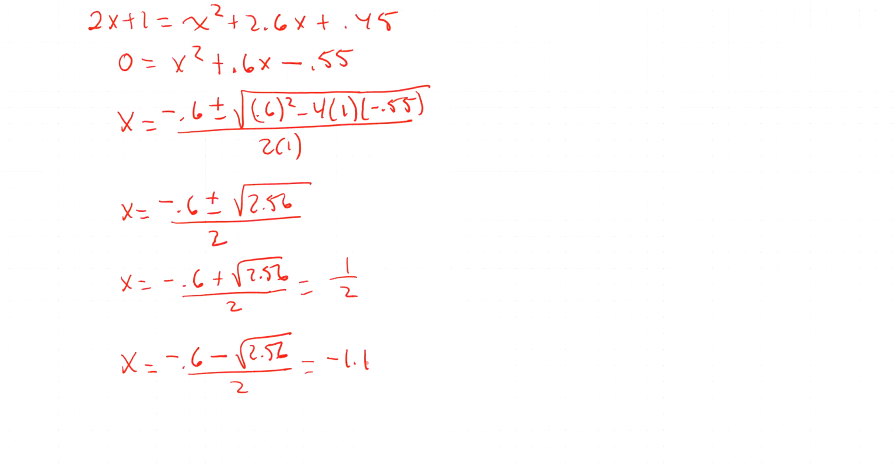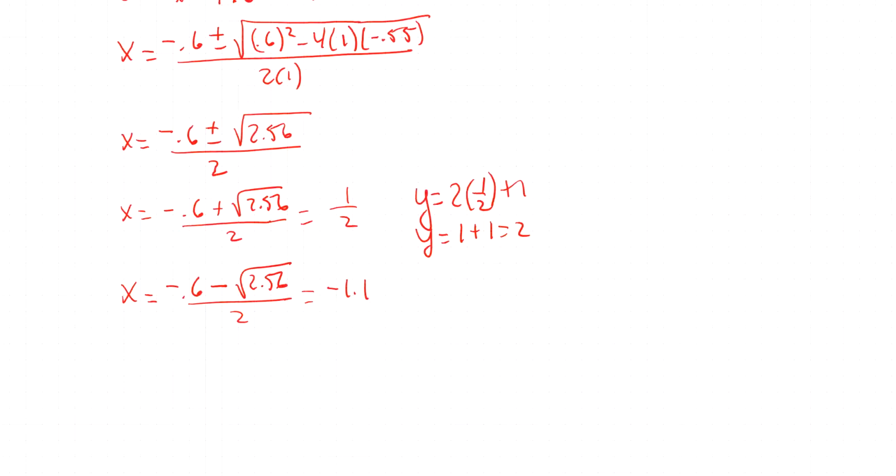So now what we want to do is substitute that into y. So when you do that, you get y equals 2 times 1/2 plus 1. So then y equals 1 plus 1, which is 2. So when x is 1/2, y is 2.